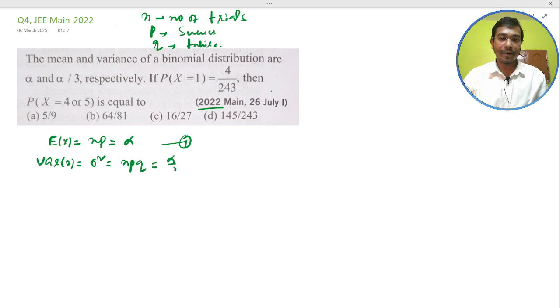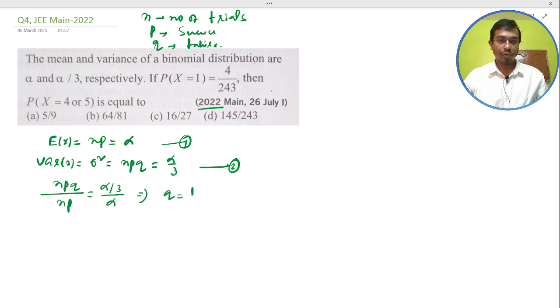This is given as alpha by 3, equation number 2. So from equations 1 and 2, you would get npq divided by np equals alpha by 3 by alpha. You would get q equals 1 by 3.